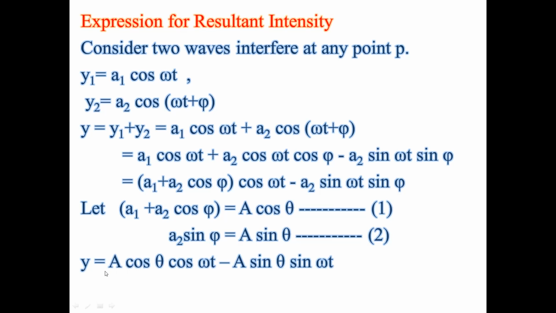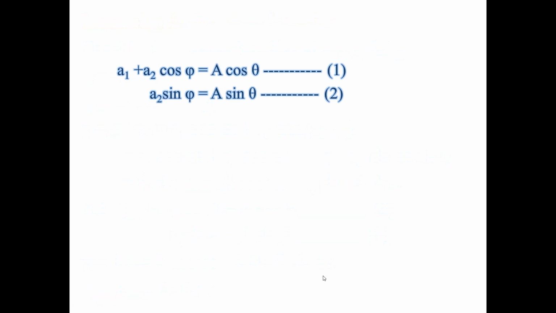Then y becomes A cos theta cos omega t minus A sin theta sin omega t, which is equal to A cos(omega t plus theta), because this is of the form cos a cos b minus sin a sin b, which is equal to cos(a plus b). So from the first two equations, we can find the resultant intensity on squaring and adding 1 and 2.